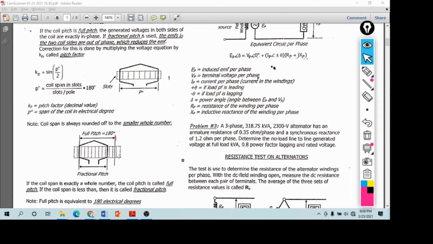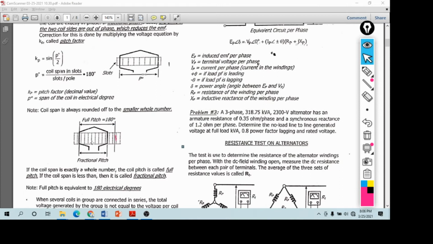Now, there are 13. And according to this example, from this slot up to this slot, it is 180 degrees. So meaning, full pitch punta siya kung dili pa niya gibutang. But since it is reduced, it is smaller in length.